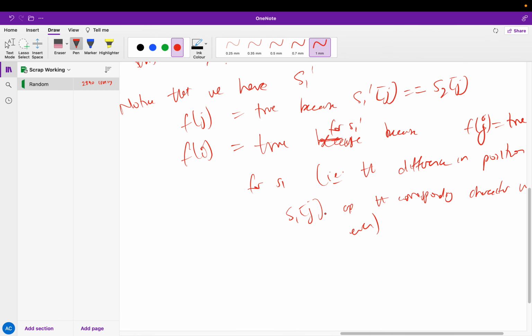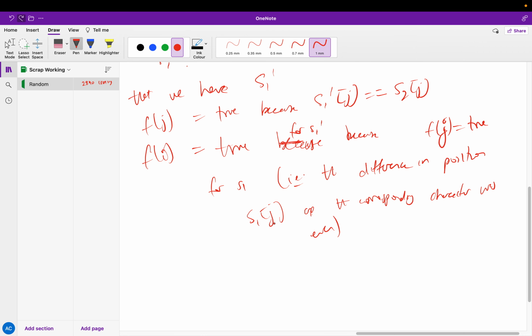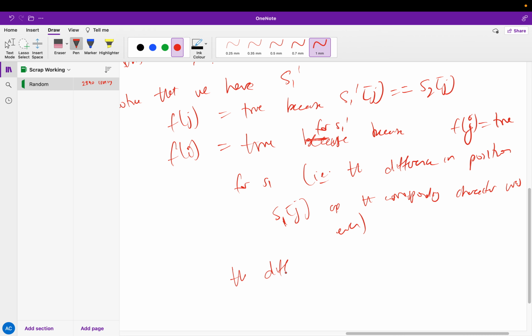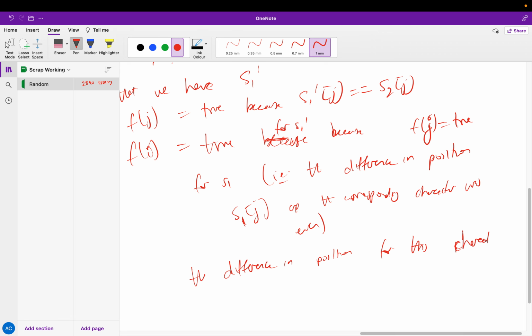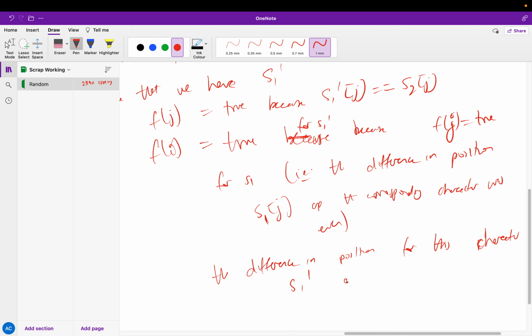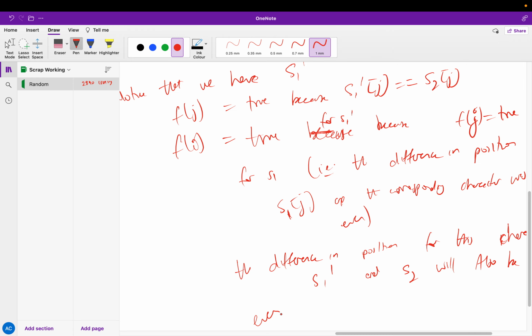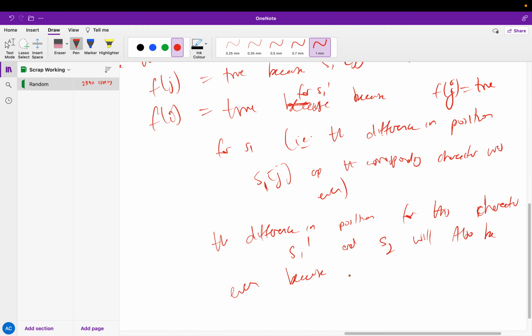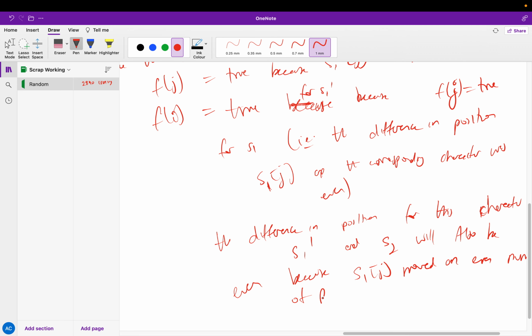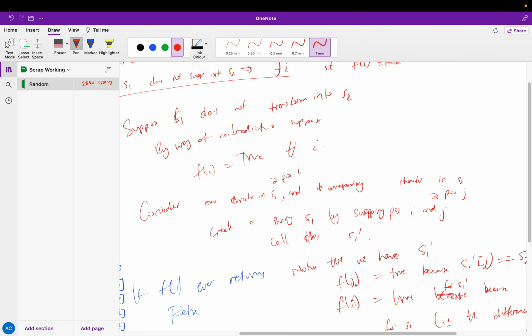So because the difference was even, the difference in position for this character that's now in S1 prime and S2 will also be even, because S1j moved an even number of places. I don't know if this made any sense, but it makes sense in my head. Like now I see the proof.